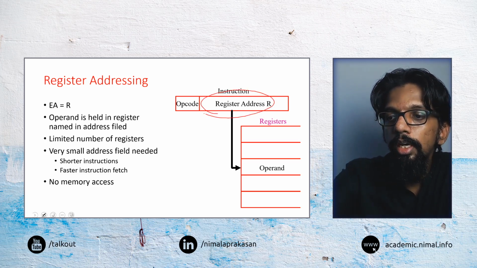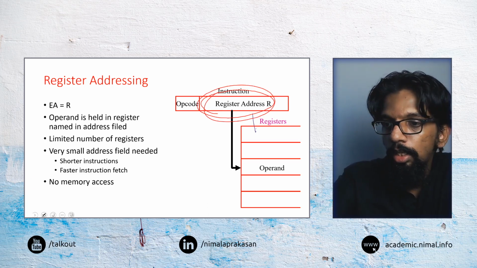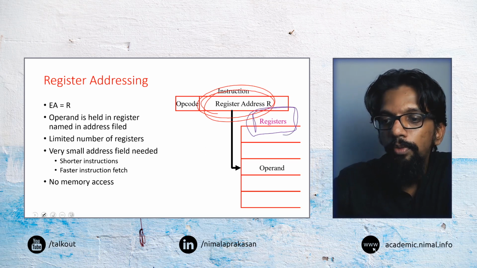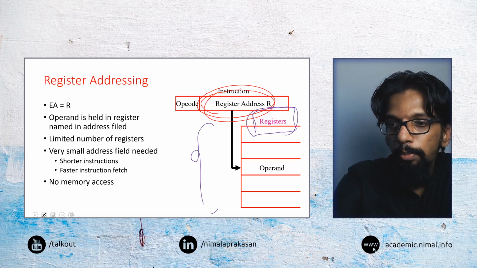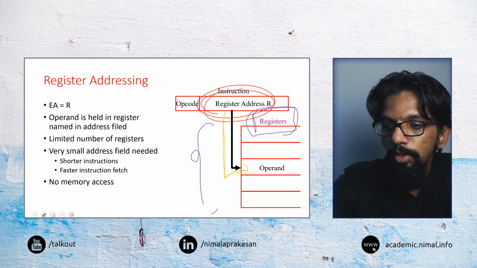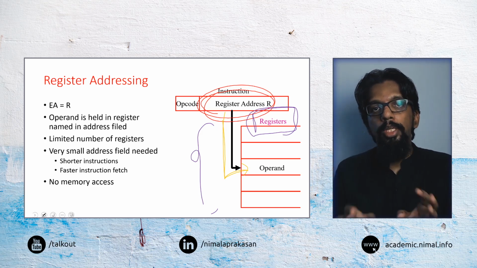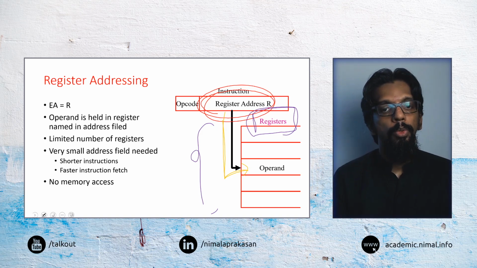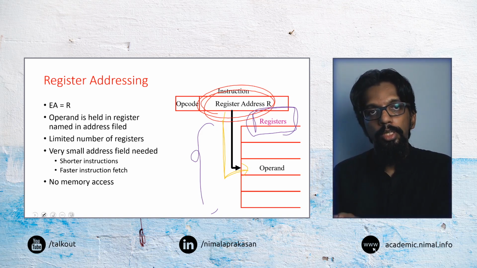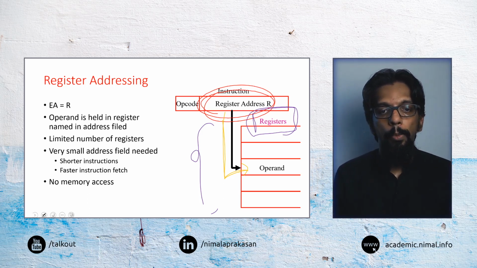So instead of a memory location, we are pointing to the set of registers that are there, and the instruction is going to point to a particular location in the register. So it is similar to direct addressing, but using registers instead of the memory. The operand is stored there, and this is a way the instruction can point to that operand.